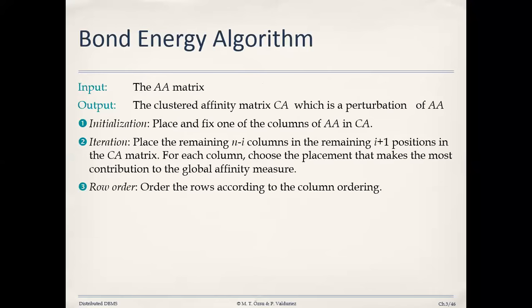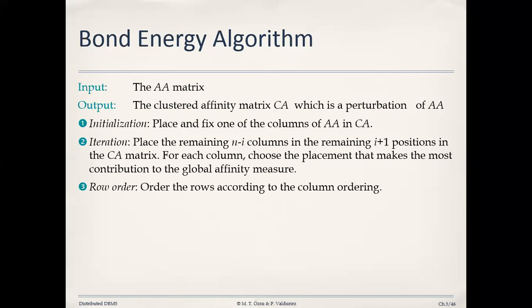So in the bond energy algorithm, what is the input? The input is the AA matrix. It means if I give you any problem where you have the queries information, where you have the access matrix, you can easily develop the AA matrix as you have seen in the previous example.